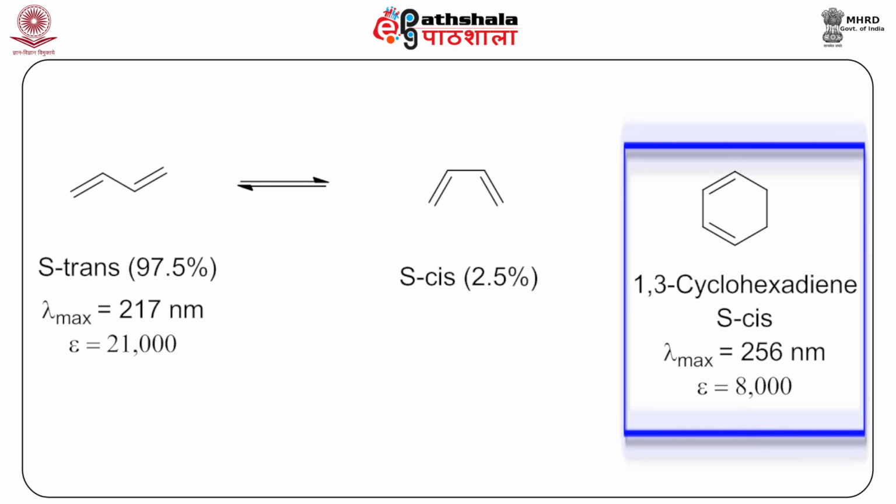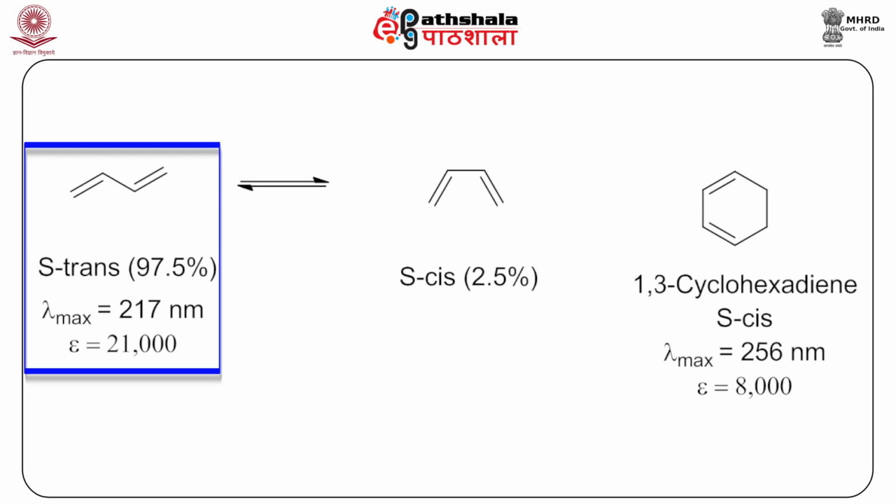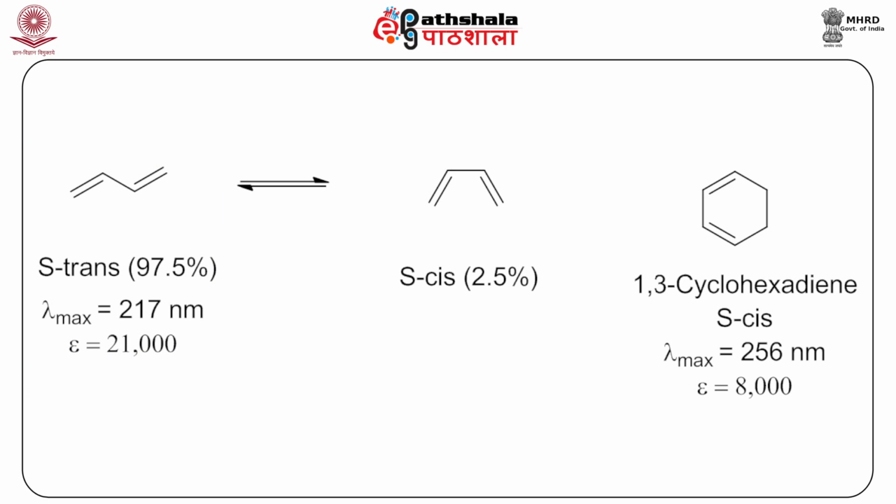The absorption maximum for 1,3-cyclohexadiene is 256 nanometers, whereas for the 1,3-butadiene system it is 217 nanometers.